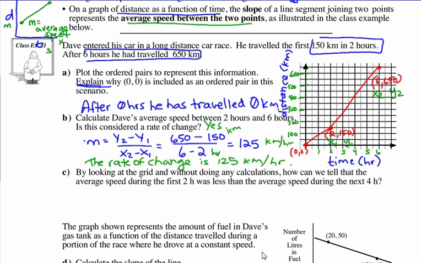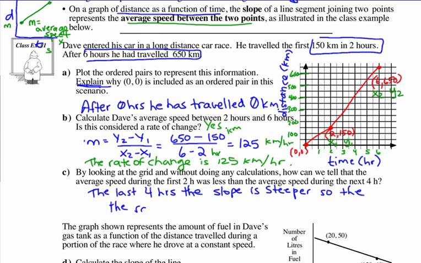And so let's say the last 4 hours, the line is steeper, or the slope is steeper. So the rate of change will be greater, because slope is rate of change.